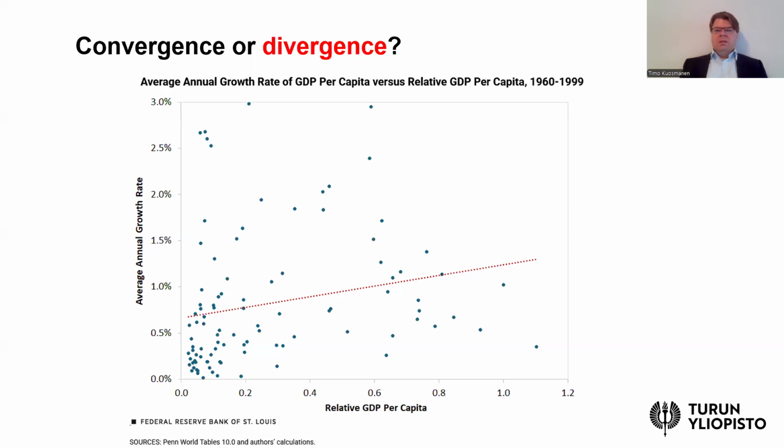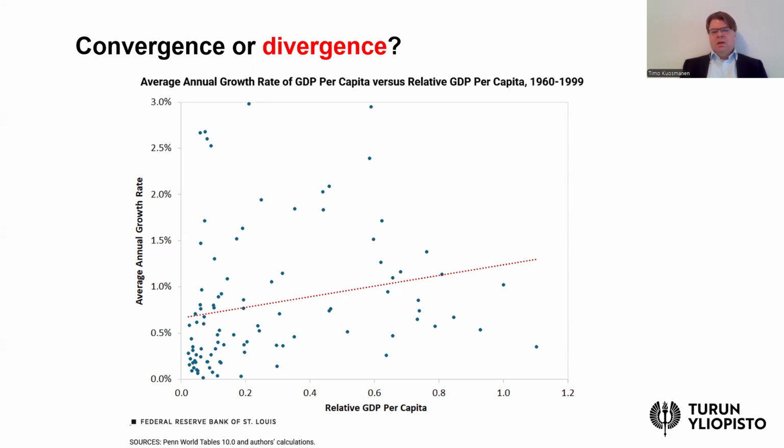And these data points are countries observed in the years 1960 to 1999. Based on this statistical correlation, there is a linear regression line indicated with the broken red line.